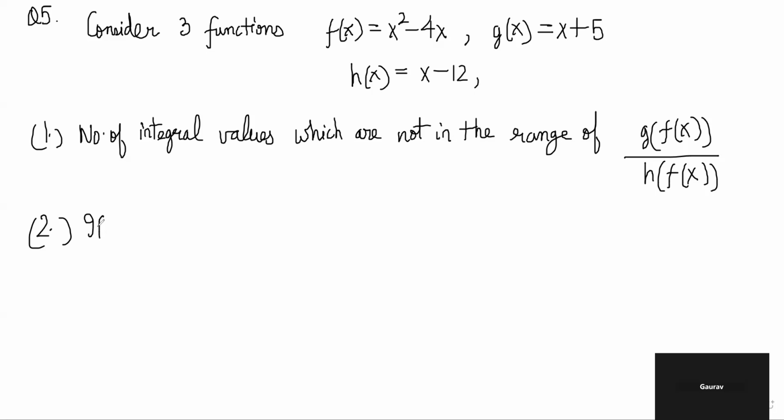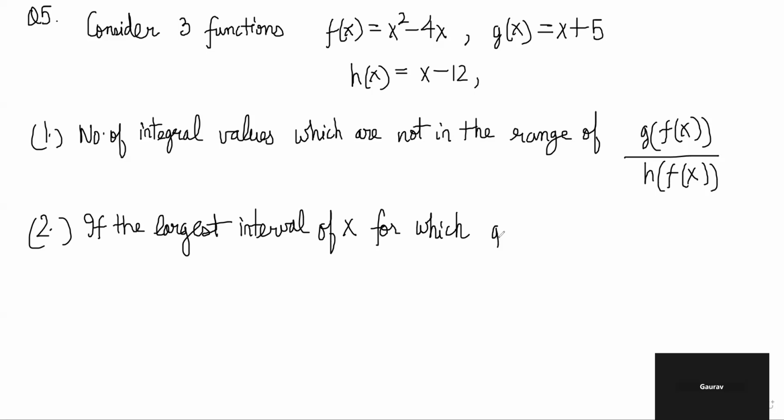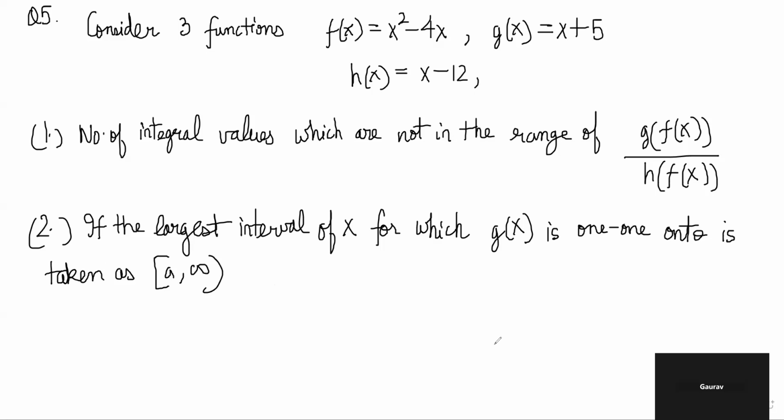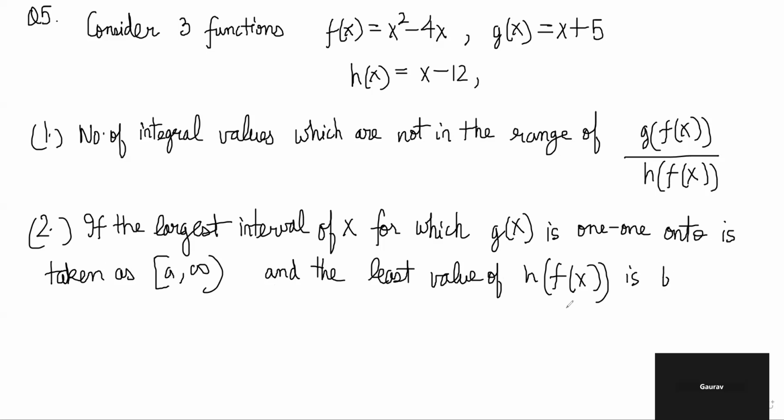So if the largest interval of x for which g of x is invertible is taken as a to infinity, and the least value of h of f of x is b. You have to find a plus b.